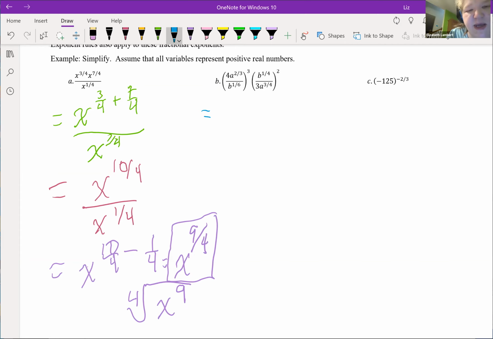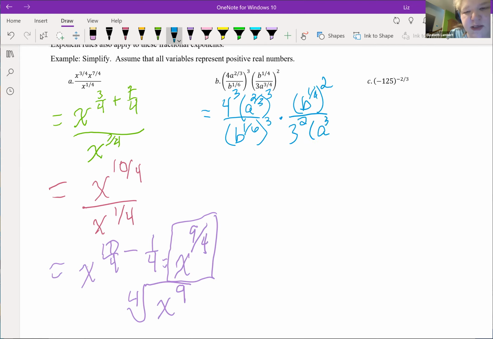So we have now 4 cubed, a to the 2/3 cubed, b to the 1/6 cubed, times, and now everybody gets a squared: b to the 1/4 squared, 3 squared, a to the 3/4 squared.